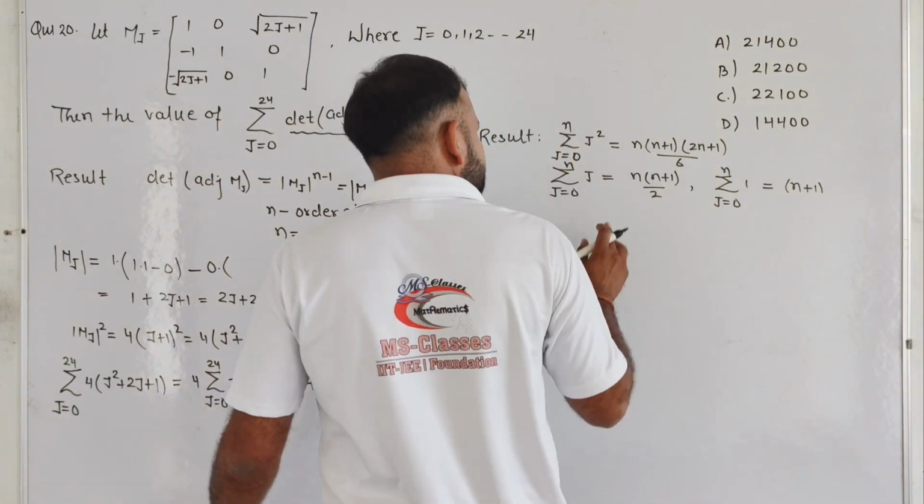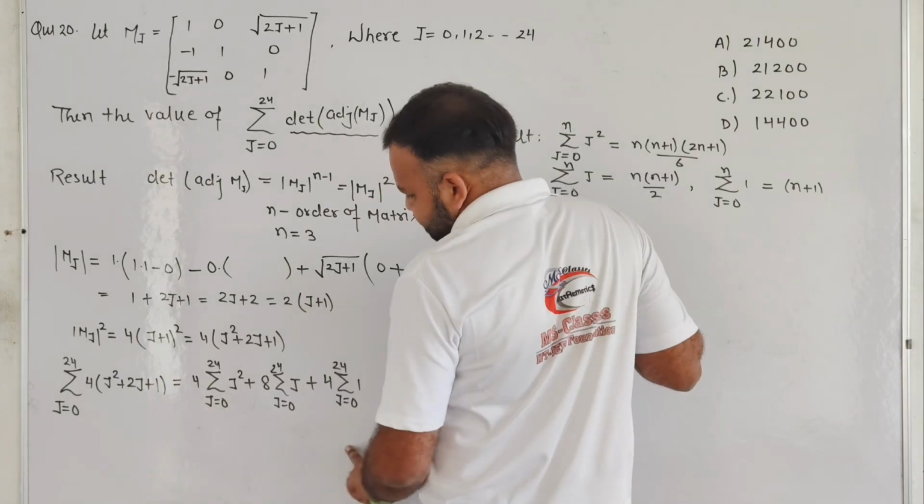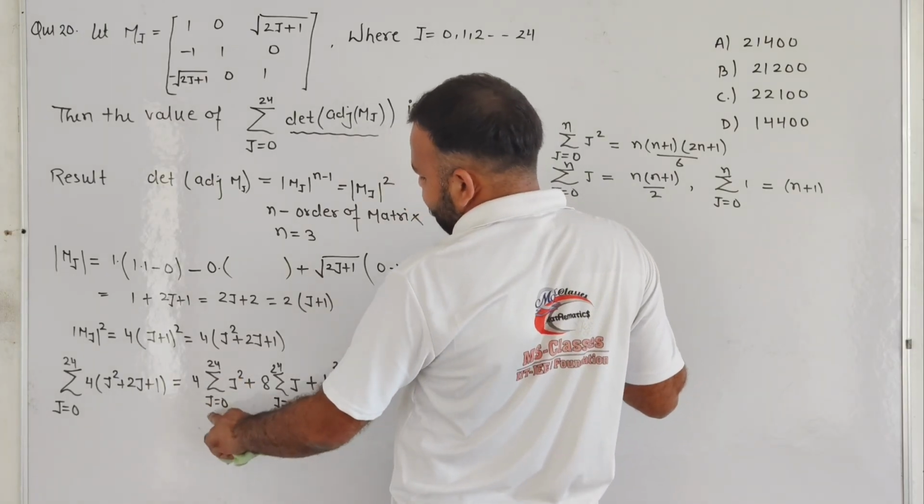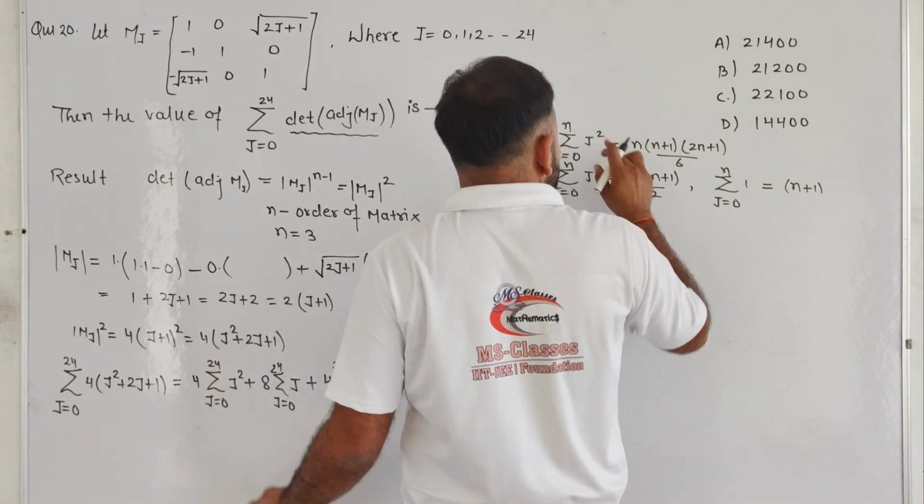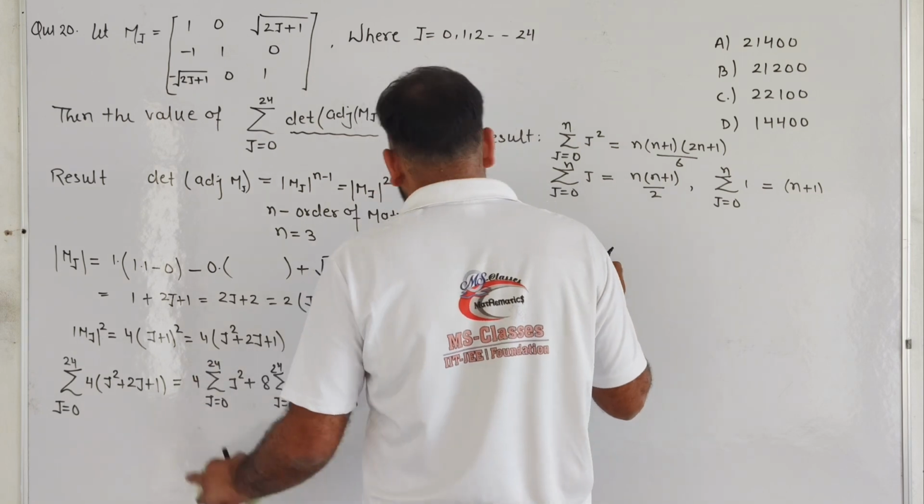In this summation j is varying from 0 to 24, so n is 24 here.